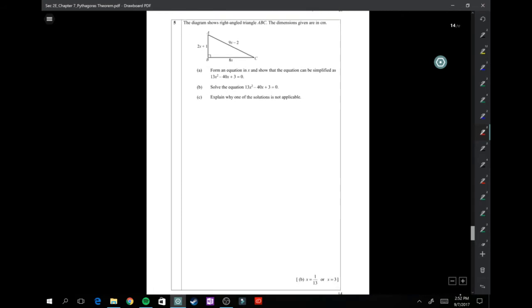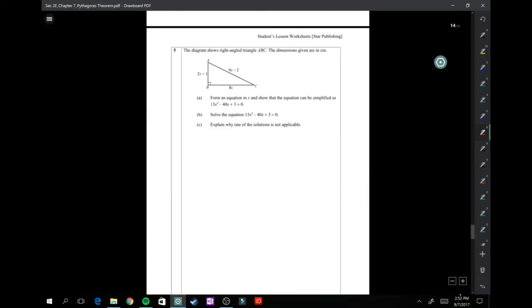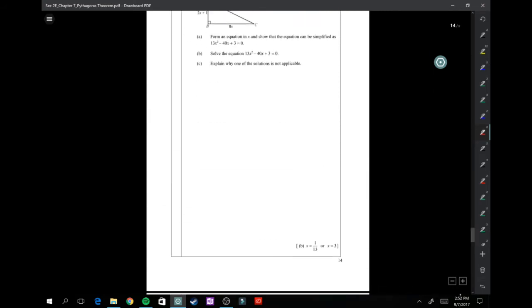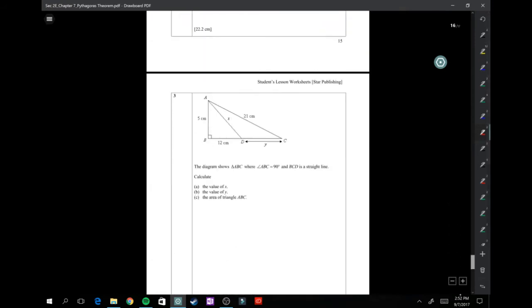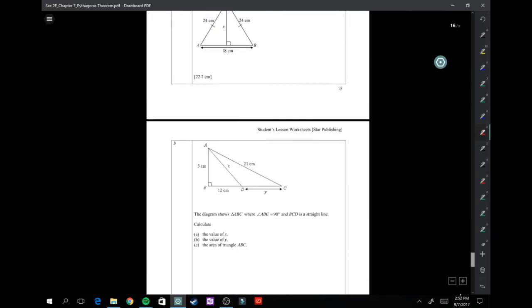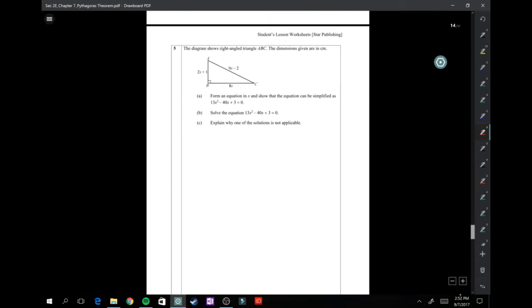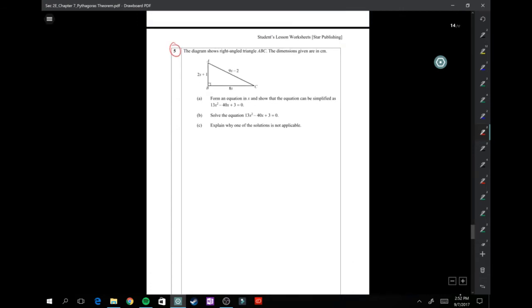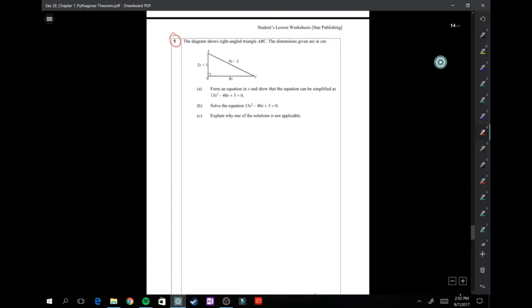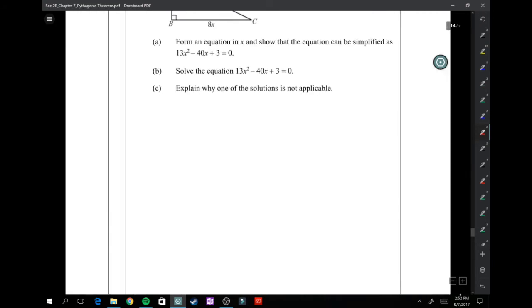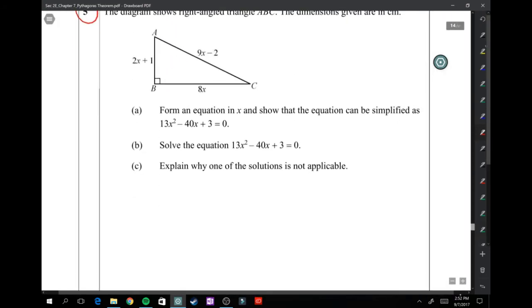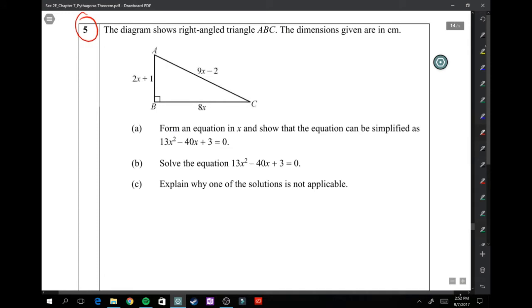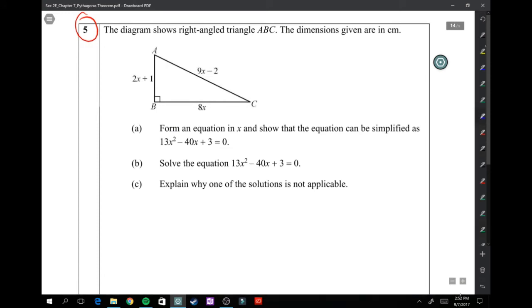So please take note of the answers, and if you have any queries, please let me know. For this video, I'll go through consolidation exercise 2 plus one question, which is question 5 from consolidation exercise 1. The reason I want to go through this question is because I think some of you have forgotten how to form your quadratic equation. So in this part we'll look at that.